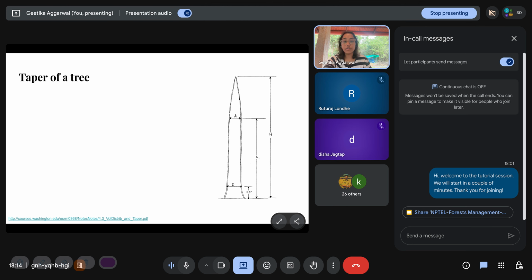Then coming to the taper of a tree. Can anybody guess what taper of a tree would be referring to? Like what are we talking about when we talk about taper? Would anybody like to take a guess of what we might be hinting at when we're talking about taper of a tree?